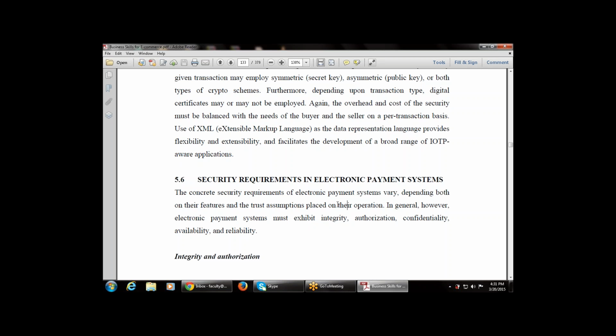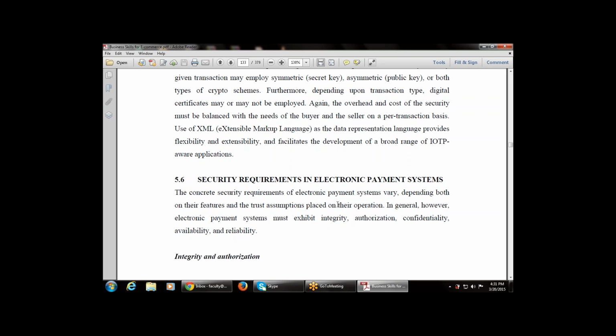In general, however, an e-payment system must exhibit integrity, authentication, confidentiality, availability, and reliability. These are the main security requirements in e-payments.